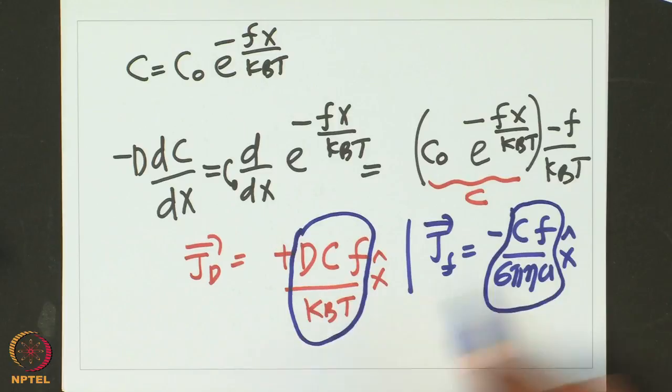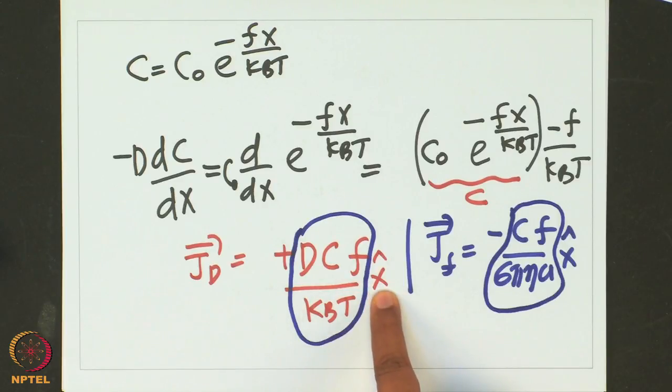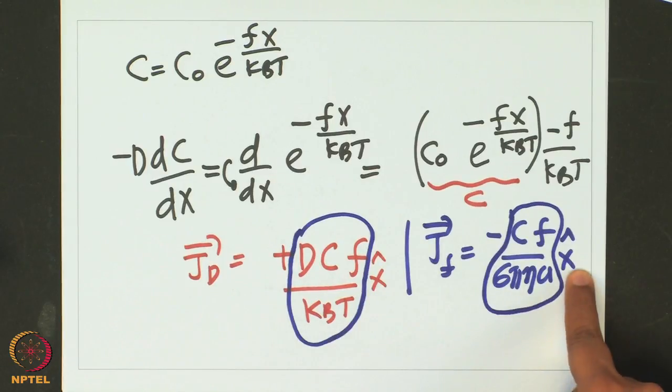These currents will be equal in magnitude and opposite in direction. This is along the plus x direction, and this is along the minus x direction.